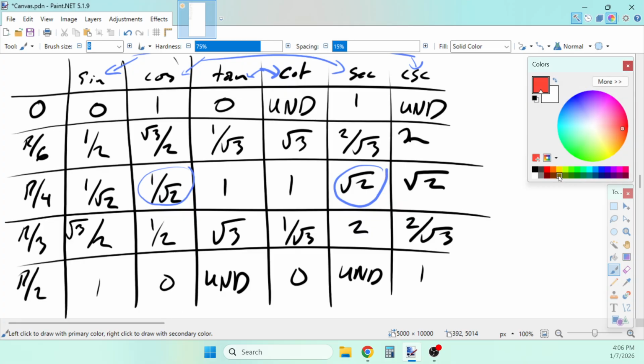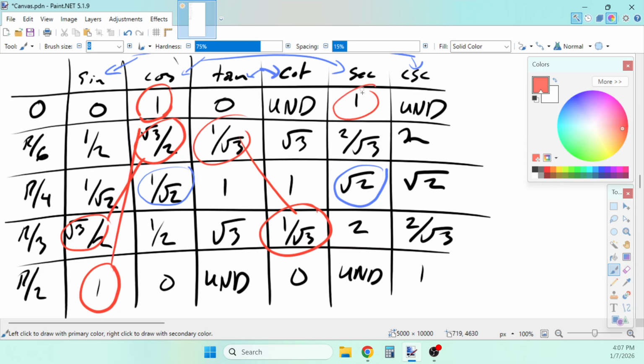And then we also have cofunctions, where whatever value you have in a function, in reverse order, you get the same value for the cofunction. Like so. So there are all of these relationships and patterns in here.